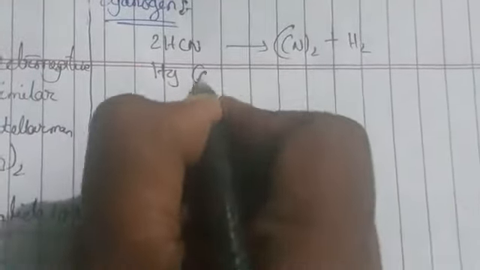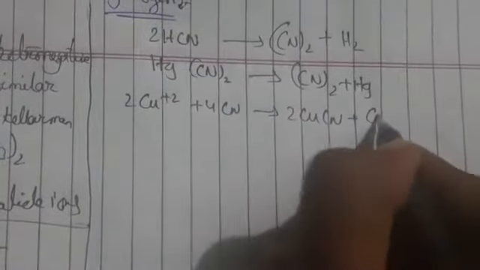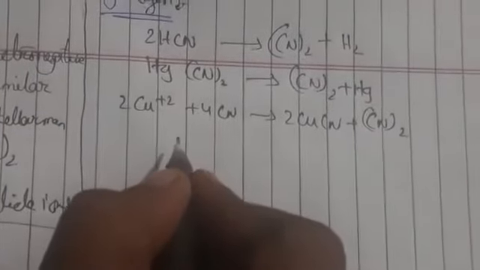In the same way, Hg(CN)2 gives (CN)2 plus Hg. Also in the presence of copper, 2Cu2+ plus 4CN- gives 2CuCN plus (CN)2. These are the preparations. This (CN)2 can also be written as C2N2.